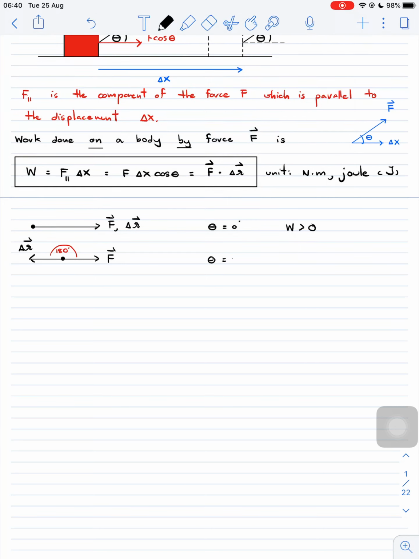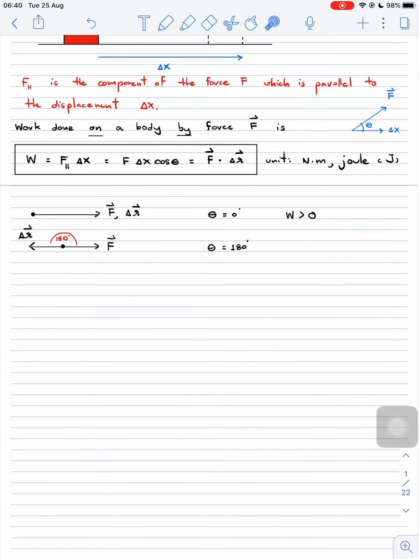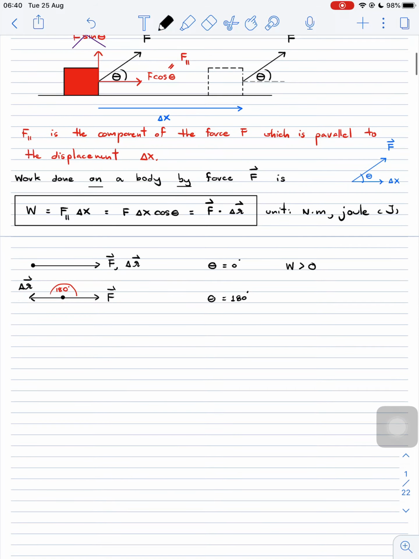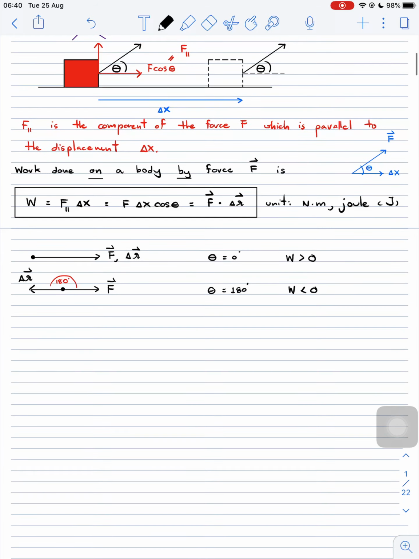Theta equals 180 degrees. In this case, the cosine of 180 degrees equals -1. So it means that the work done must be negative.